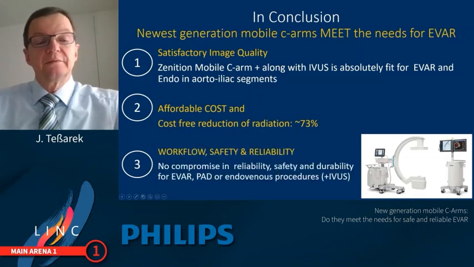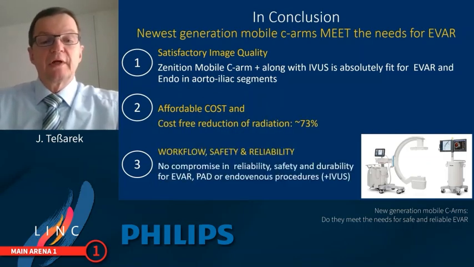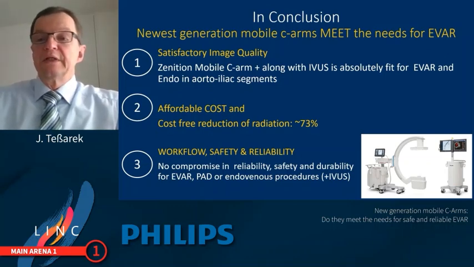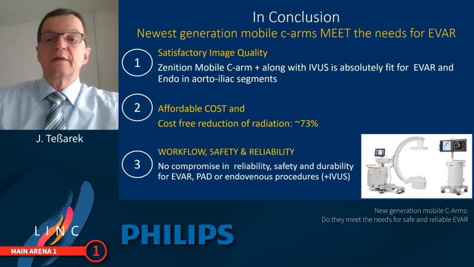There is no compromising in reliability, safety, and durability for EVAR, for PAD, and for endovenous procedures. So the workflow is not changed, and this is another reason why the answer can only be yes.